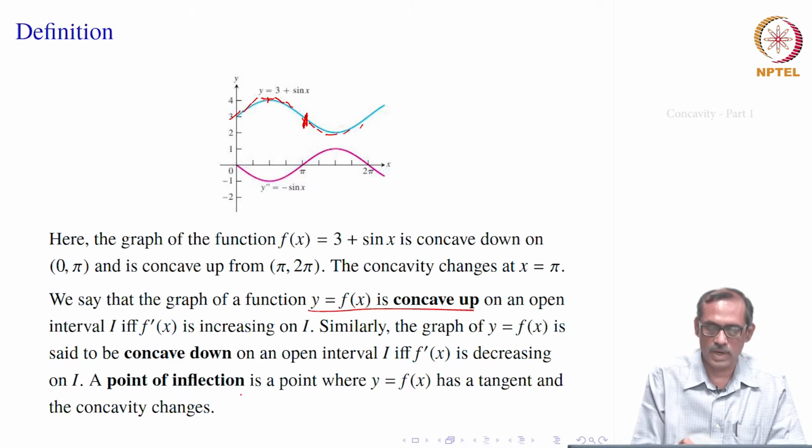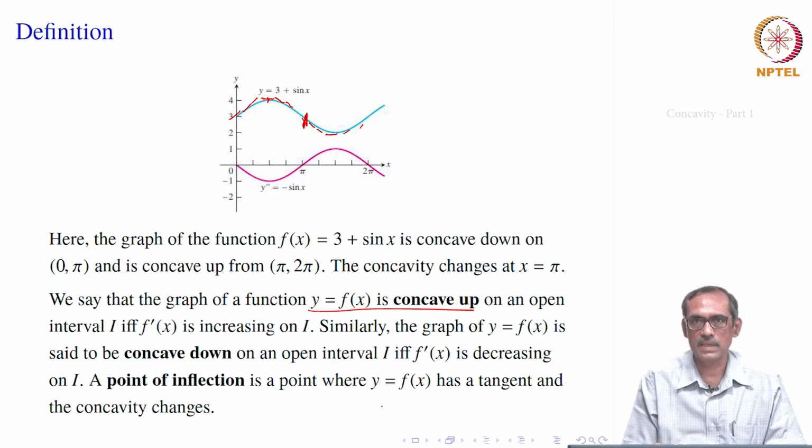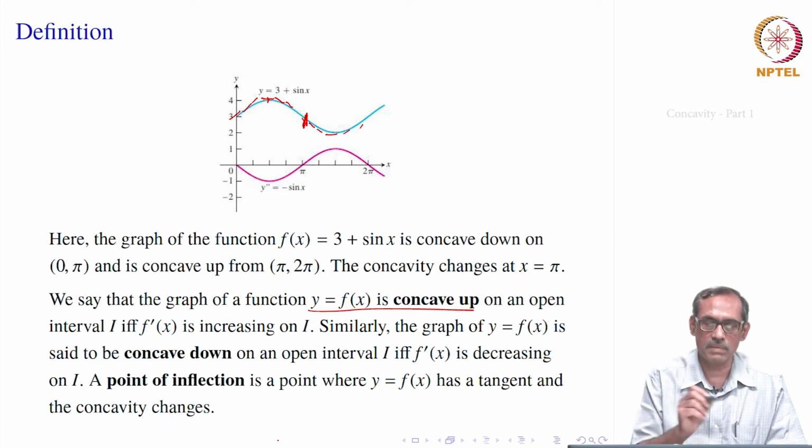So, we will say that it is a point of inflection. That is, a point of inflection is a point where y equal to f x has a tangent and the concavity changes.